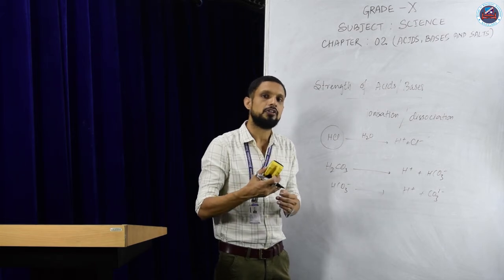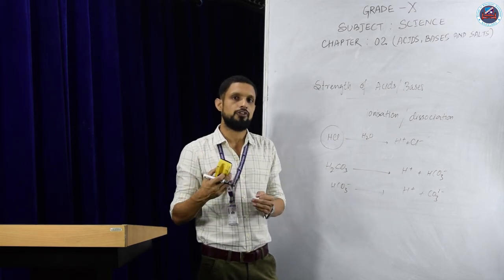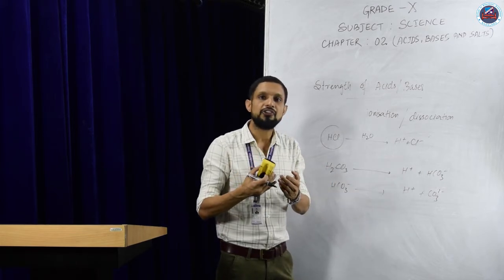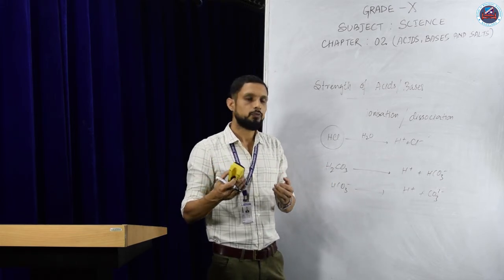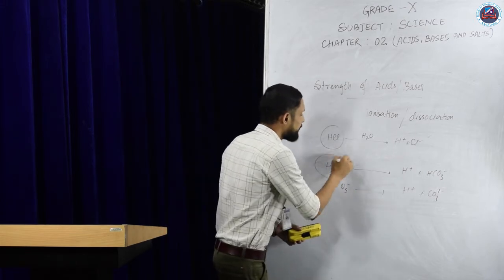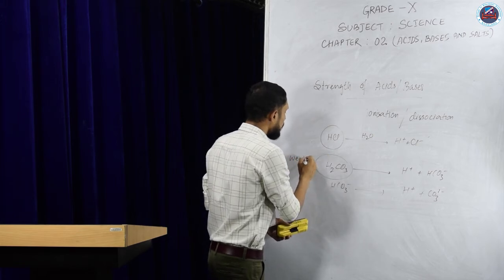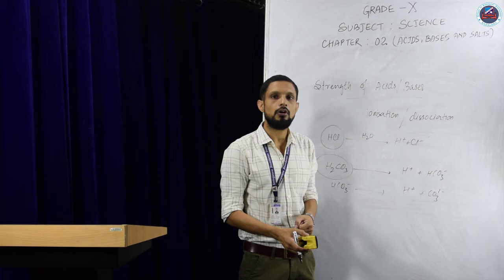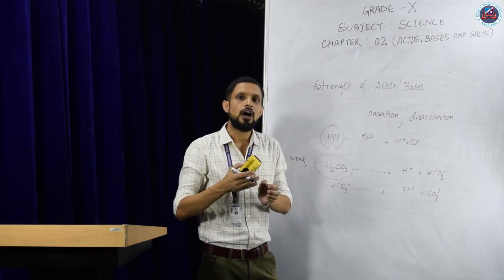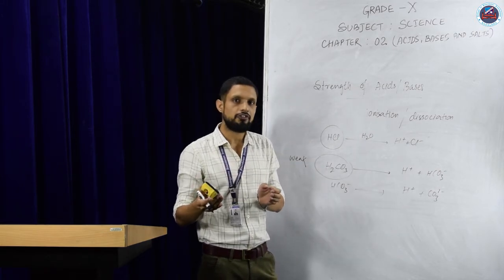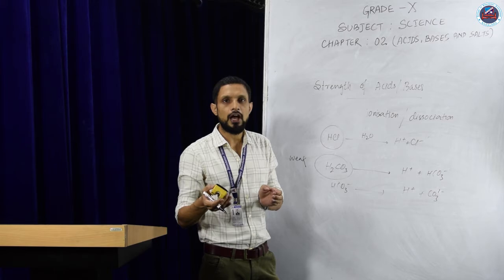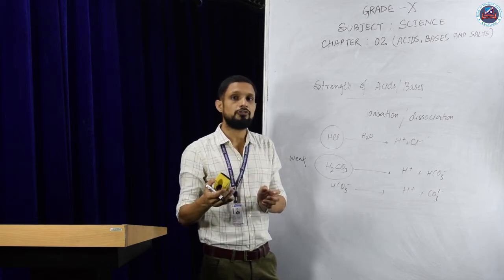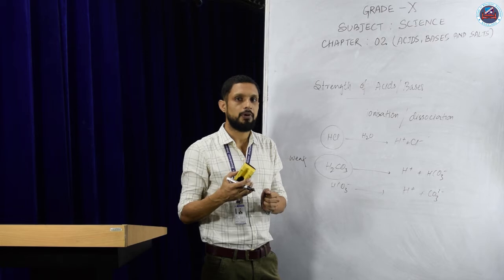That means it does not undergo 100% dissociation. That means we can say it undergoes partial dissociation. So in this case, carbonic acid is known as weak acid. Similarly for bases also, if the base undergoes complete dissociation to give hydroxyl ion, it is known as strong base. If it undergoes partial dissociation, it is known as weak base.